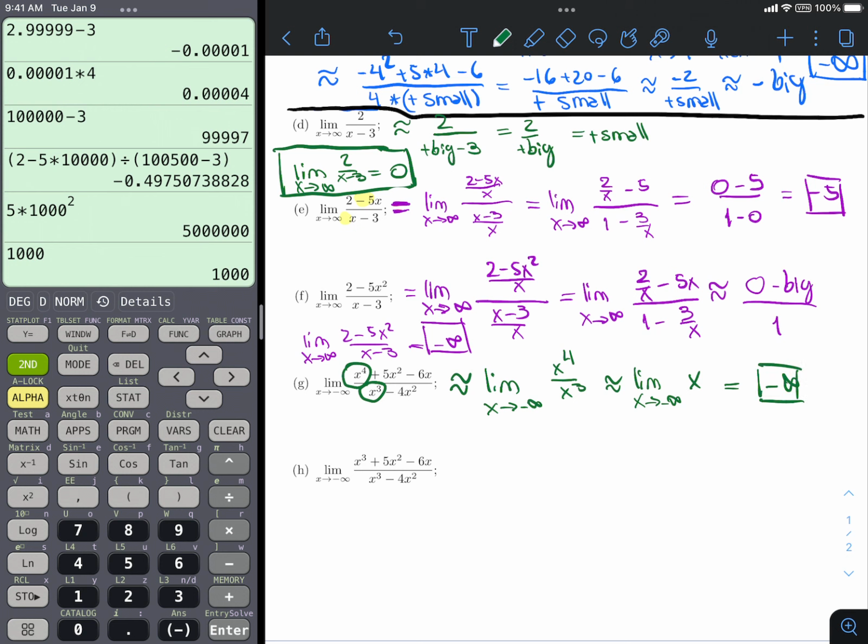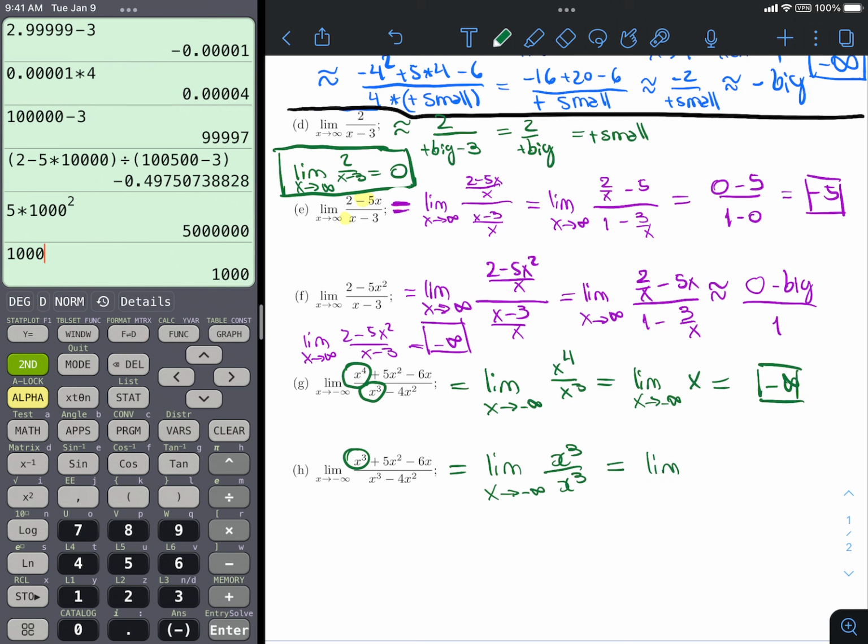Now actually I can replace all of these approximation symbols by equal signs, because this is a fair argument. We're just looking at the bigger numbers, the ones that matter most. The same thing happens here as x goes to minus infinity, when x cubed is the highest degree of the top and x cubed is the highest degree of the bottom.